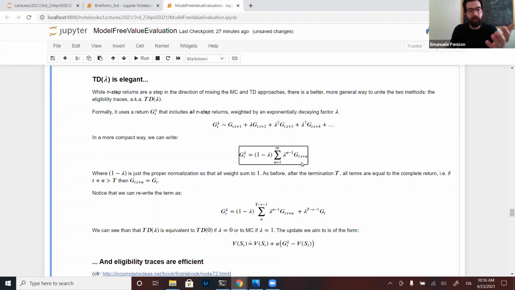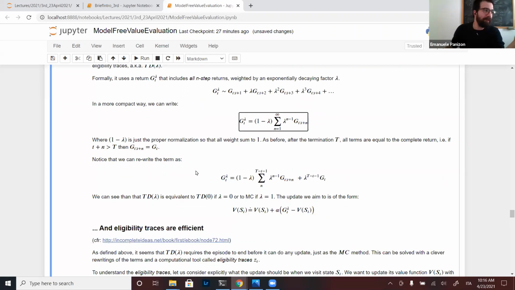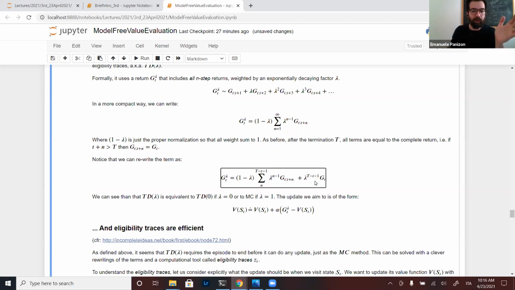Essentially, you can rewrite it as you wish in two terms, since after termination the return is just the complete return. So after termination, all those terms go back into one term, which is this.